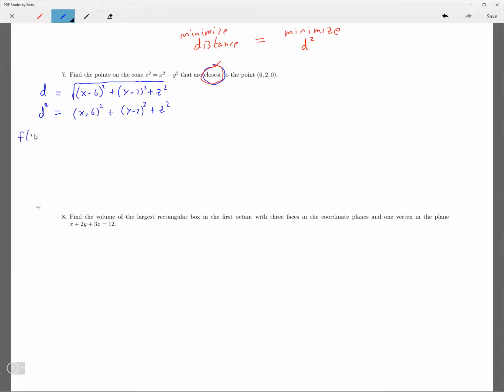So this becomes a problem where you're minimizing this, with this restriction right here, that z squared is equal to x squared plus y squared.